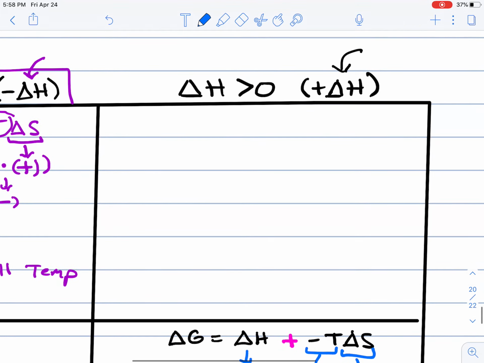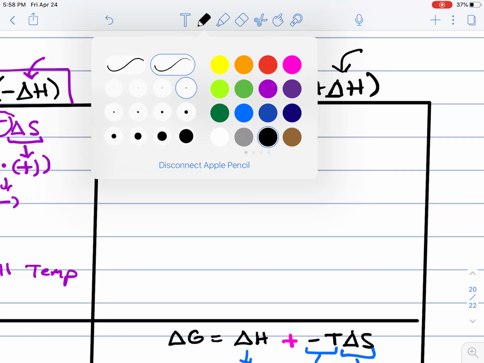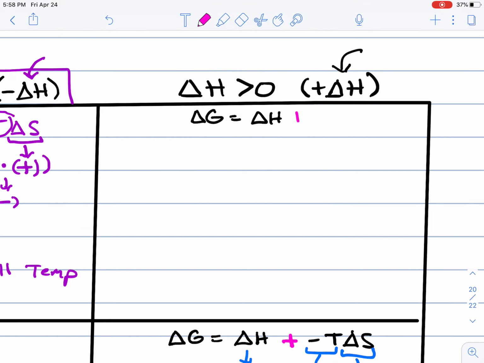All right. So let's go ahead and do this next one. Hopefully you guys are understanding what I'm doing here. So here I have delta G is equal to delta H. And I'll just go ahead and put that positive sign in pink just to be consistent. So that positive sign is just merely there to separate out the T delta S term. Okay.